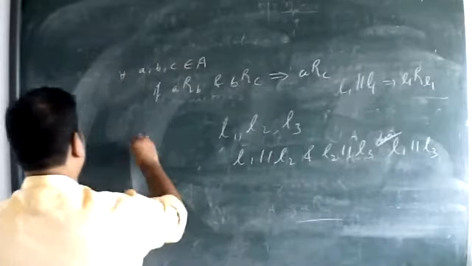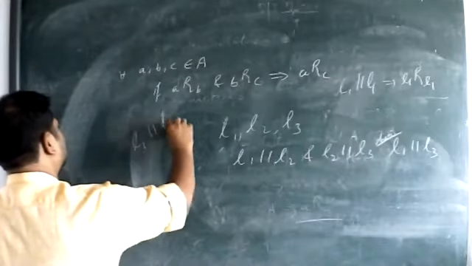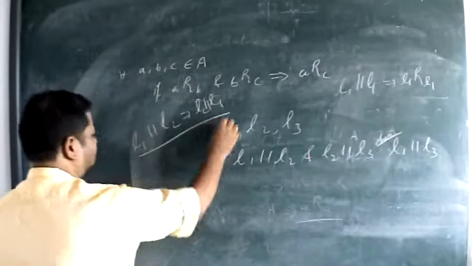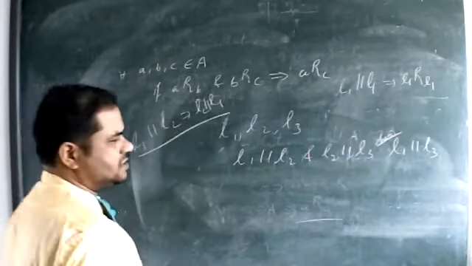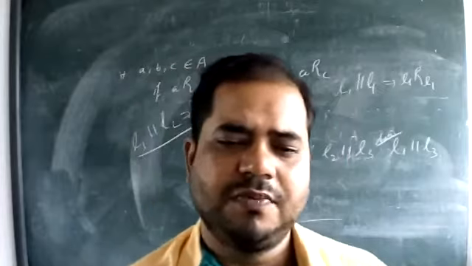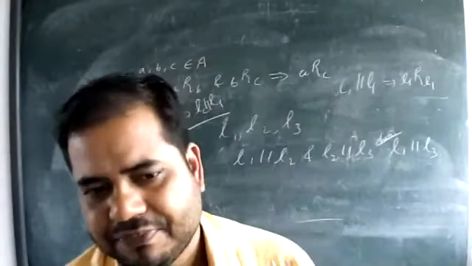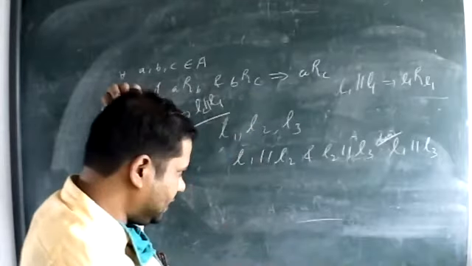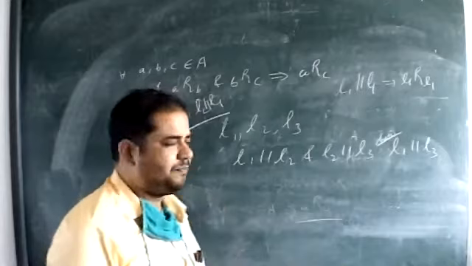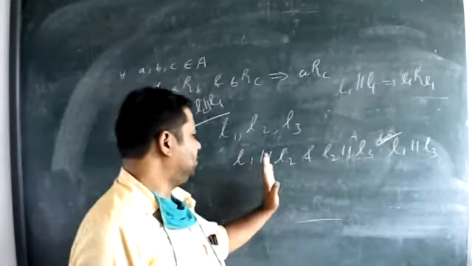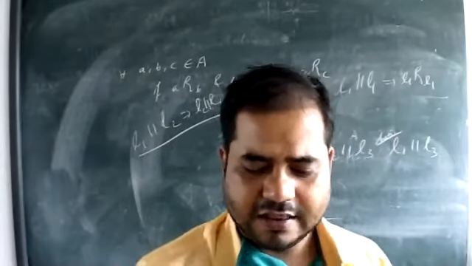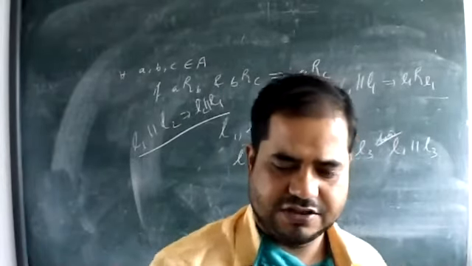For symmetric, L1 parallel to L2 implies L2 parallel to L1, because if a given line is parallel to another line, then the second line must be parallel to the first line. In the same manner, for transitive: L1 parallel to L2 and L2 parallel to L3, then L1 must be parallel to L3. That's why the given relation is transitive.